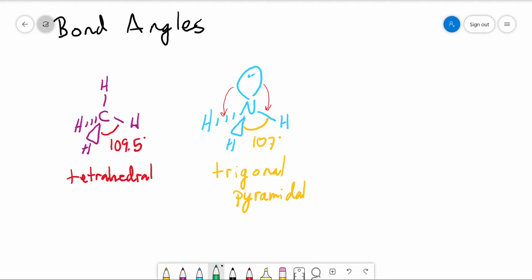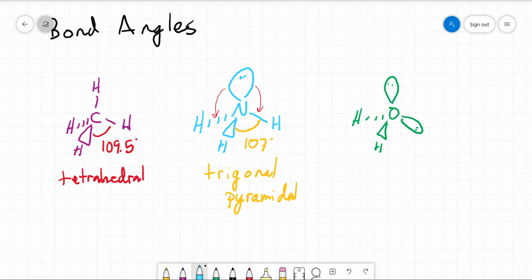And now, if we look at water, again, same basic shape. However, this bond angle is even smaller. What we find for the bond angle here is 104.5.